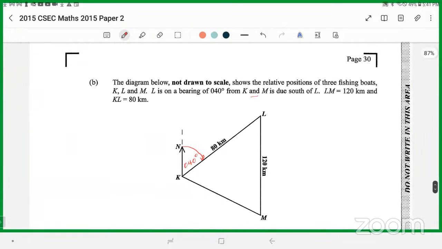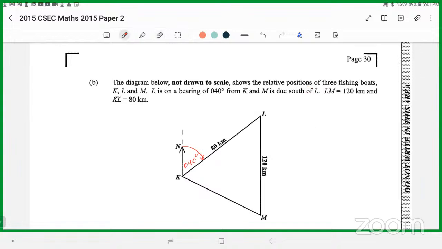Then it says, and M is due south. Now, due south just means towards the south. The word due south means towards the south. Off also means from, so I don't want you to get confused.